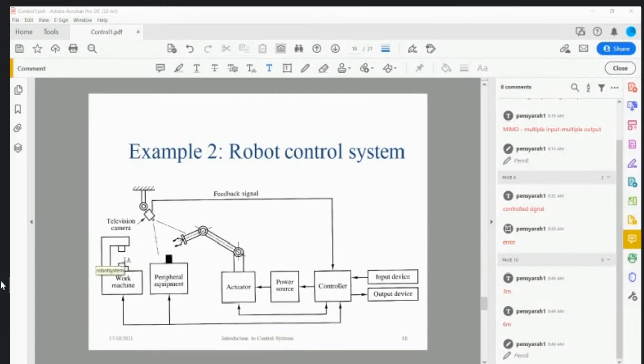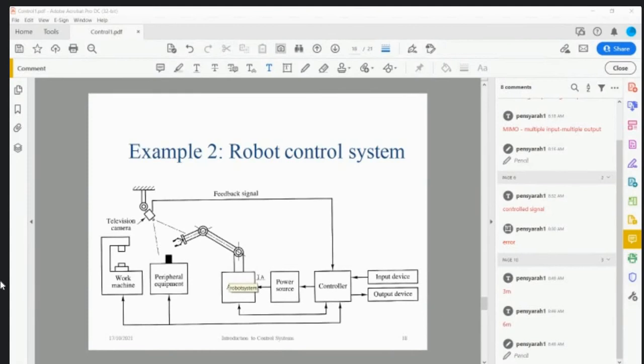For this system, the sensor is the camera. The camera will feed the signal to the controller, and then the controller will control the robot arm.